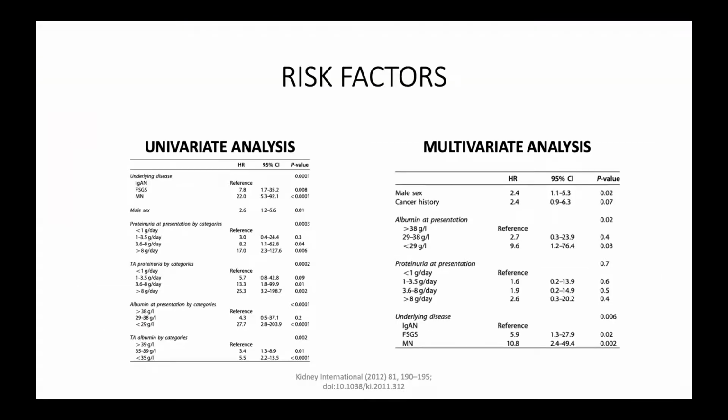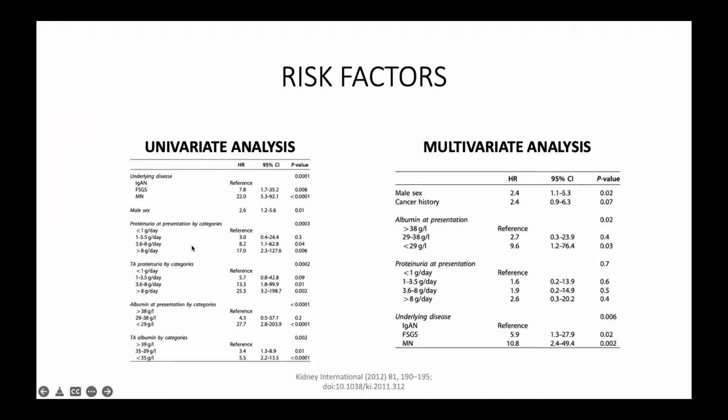Coming to risk factors for thromboembolic complications, this is a univariate analysis showing the underlying disease is a significant risk factor. Either FSGS or membranous nephropathy increases the risk compared to IgA nephropathy.